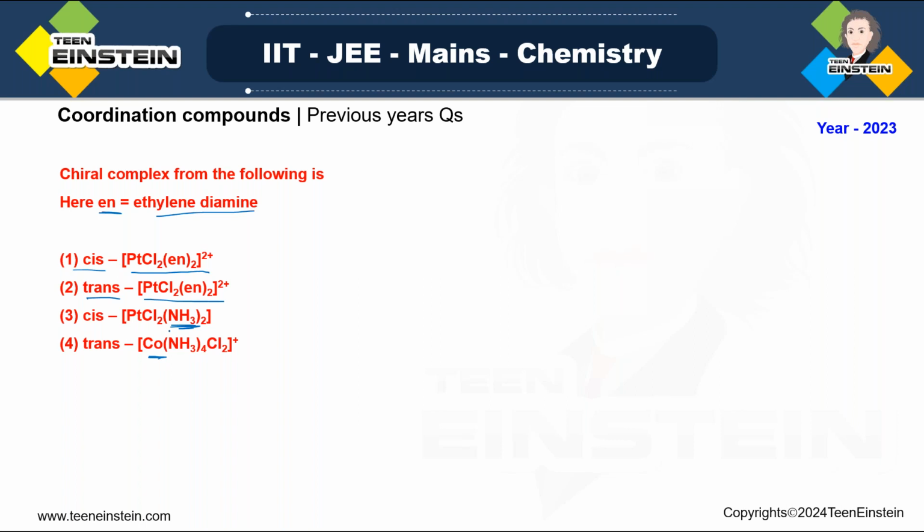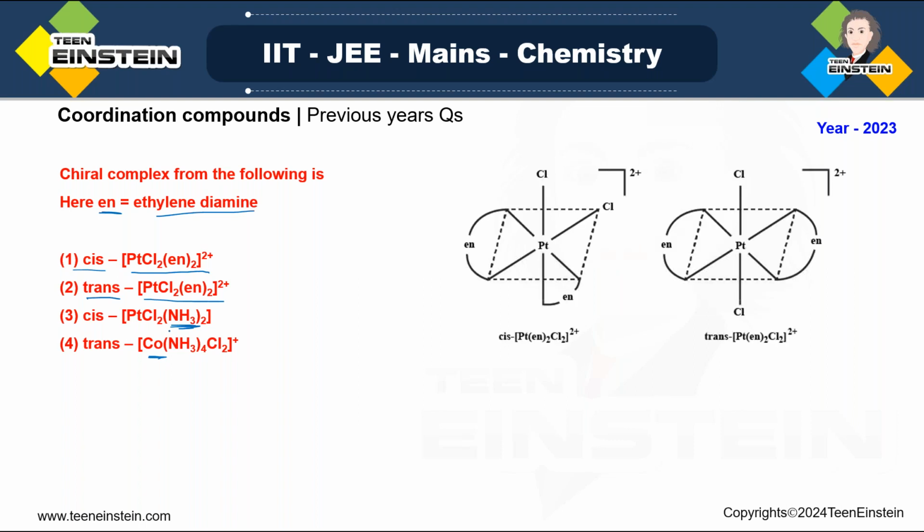If you consider Pt, these two, option 1 and option 2. Now for option 1 and option 2, in case of trans, if you cut the molecule according to this plane, which is perpendicular to this square plane, then both sides are the same. So this is optically inactive. This is achiral, right? But if you consider this one, that is cis, chirality is possible.